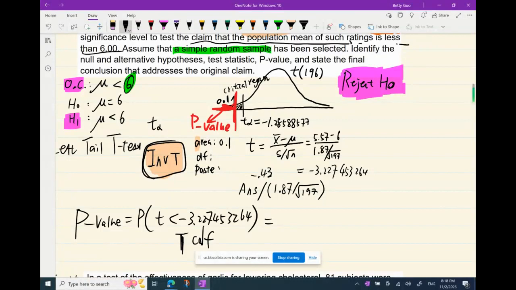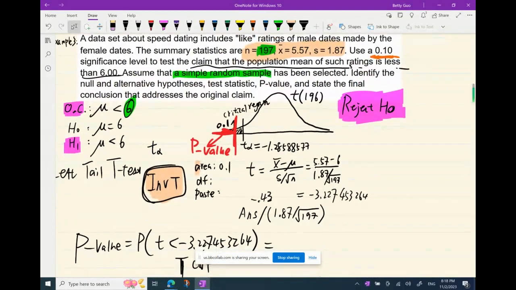Degree of freedom: the sample size is 197, so 196 is the degree of freedom. And I got this area, the p-value.